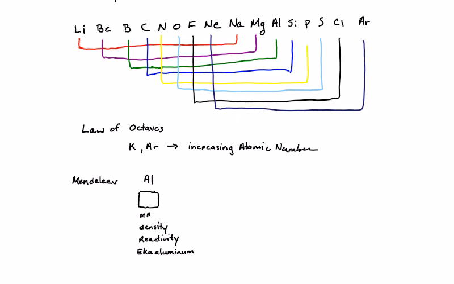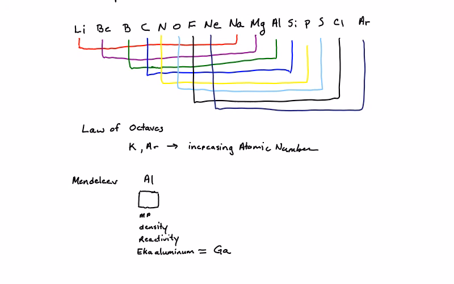Many years later, Eka aluminum was actually discovered. They didn't call it Eka aluminum, they called it gallium. And what was interesting was that Mendeleev's predictions were actually quite accurate. That's always the thing with science: it's one thing for a model to look organized and to explain things that we've already seen, but it's definitely a whole different ball game when that model can actually predict things that haven't happened yet.